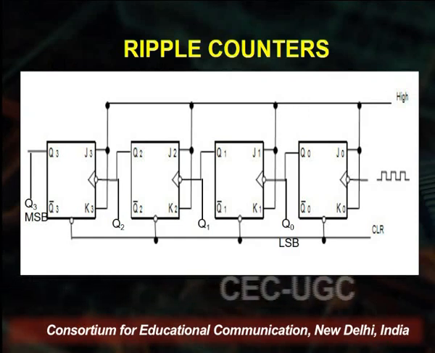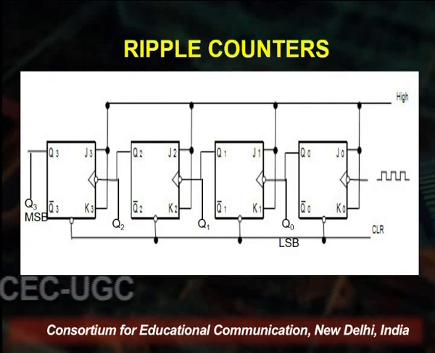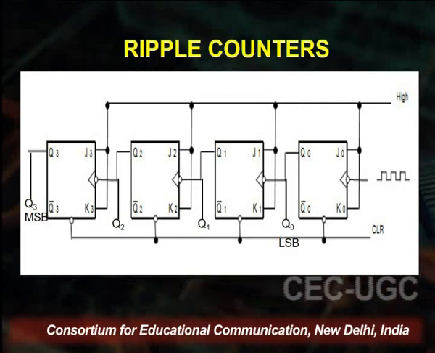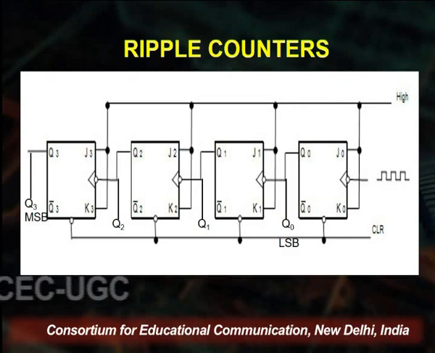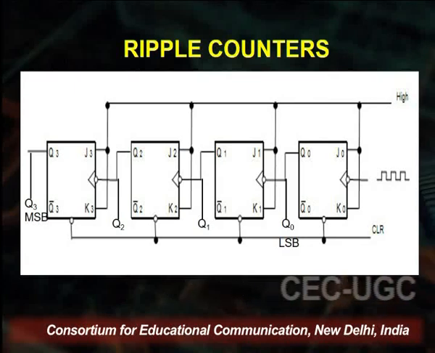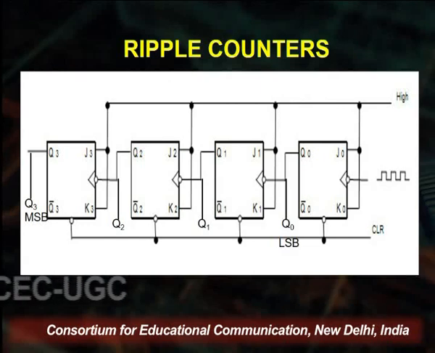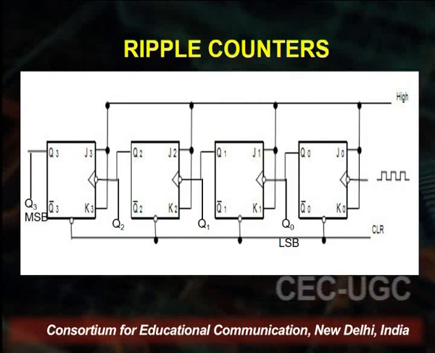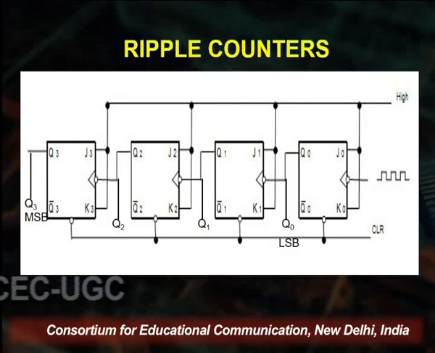So when J and K both are 0 in this counter, then this counter does not function as a counter, rather it functions as a memory element. Since the data Q3, Q2, Q1, Q0 do not change state, they are retained. Whereas the moment both the inputs of J and K go 1, then we would always have Q3, Q2, Q1, Q0 as complement Q3, complement Q2, complement Q1 and complement Q0.